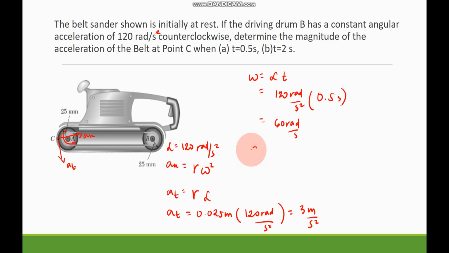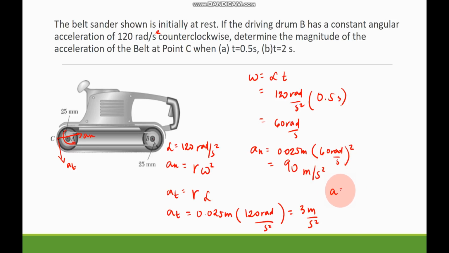Therefore, our normal component of acceleration is equal to 0.025 meters, and the angular velocity is 60 rad per second, squared. So it is equal to 90 meter per second squared.